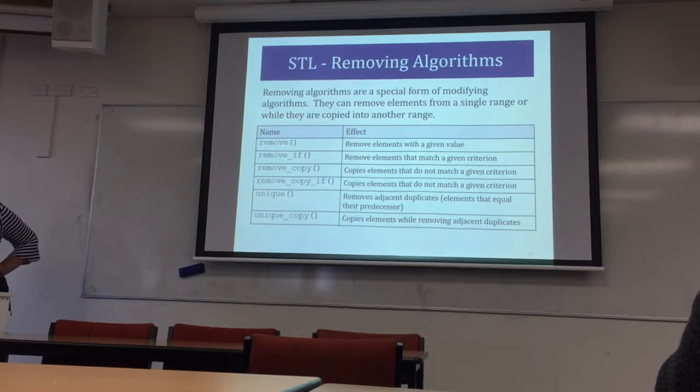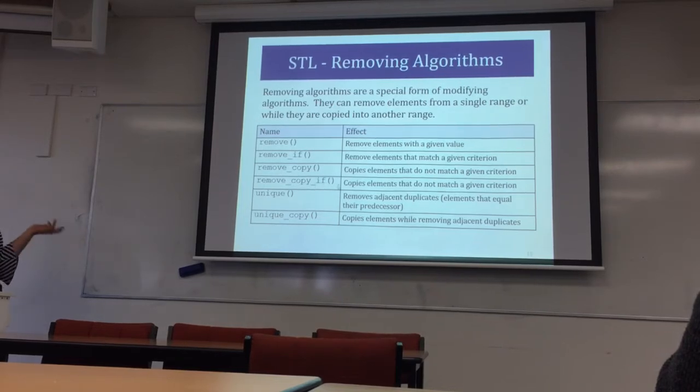How to remove elements? You can remove elements with a given value or based on a given criteria, or copy as a result the elements not verifying a given criteria, elements which do not match something, adjacent duplicates are removed.